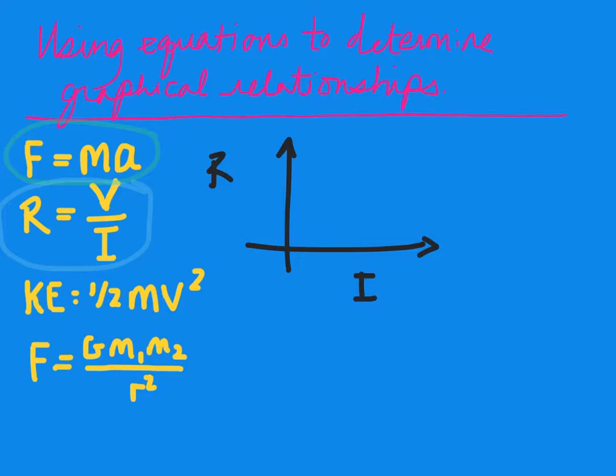Now, if we were to put numbers in for I, and those numbers increase, what happens to the value of R? Well, R decreases. So as I increases, R decreases, and now we have an inverse relationship.